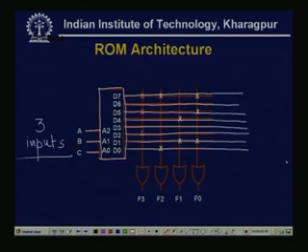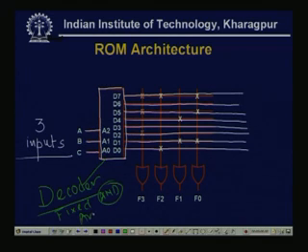So, this decoder gives me the fixed AND array, and this is my programmable OR. This portion is my programmable OR array.